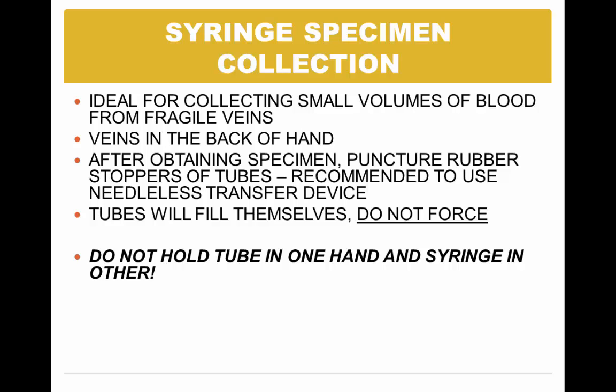You do not want to force them in. Okay? And you do not want to hold the tube in one hand and the syringe in another. And we will ask you why next week. Okay? If you force too much blood into a stopper yourself, it can spray back at you and then you have a whole other set of issues.